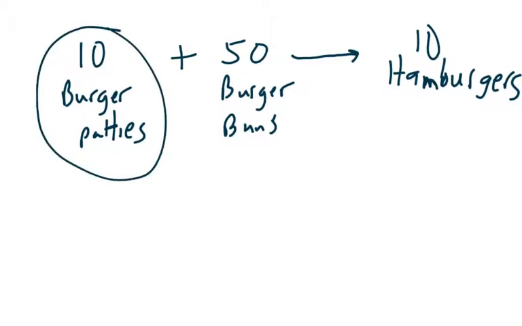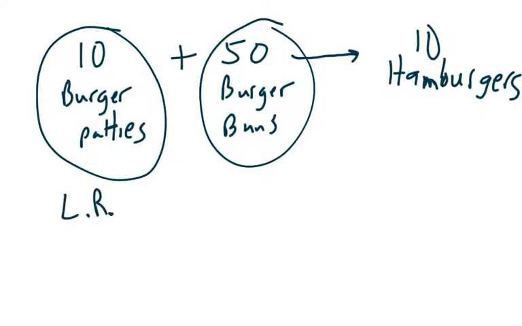You see, if I had more patties, I can make more hamburgers because I have extra buns. Assume that we have 2 buns per patty. So after I make the 10 hamburgers, I have no patties left. That is the definition of a limiting reactant.